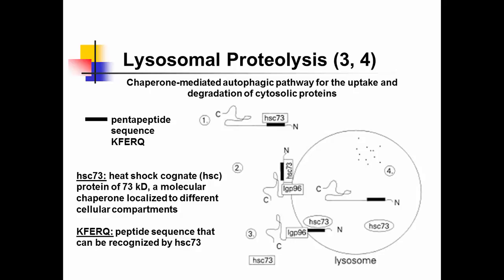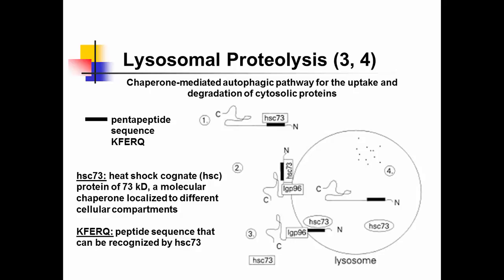So this represents the lysosome. LAMP-2A is a receptor on the surface of the lysosome, and the HSC73 proteins direct these specific proteins to the receptors, right? They bind the receptor and allow the peptides, together with the HSC protein, to be internalized into the lysosome and degraded.